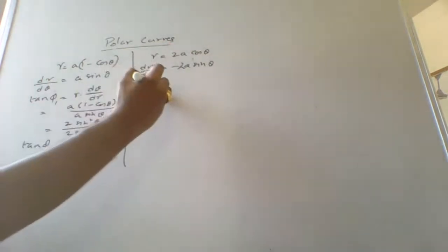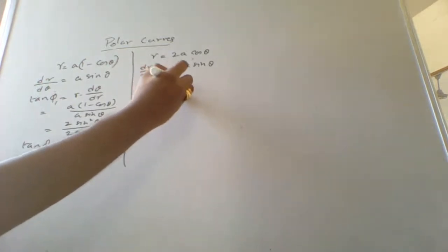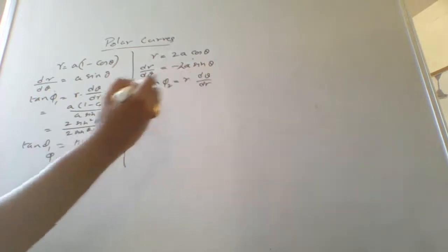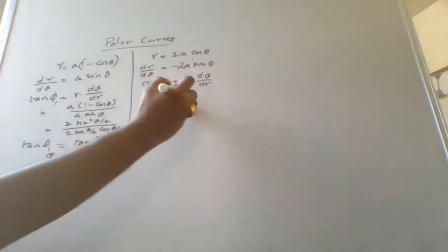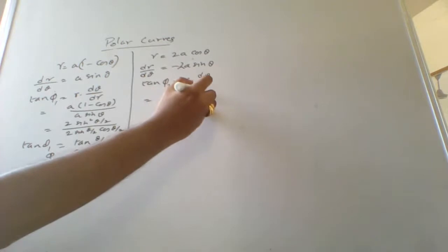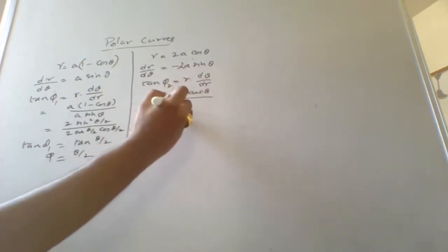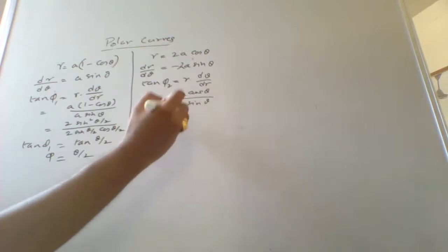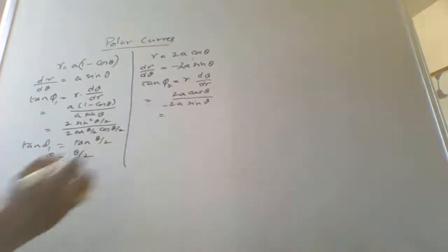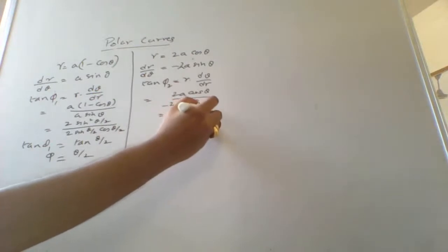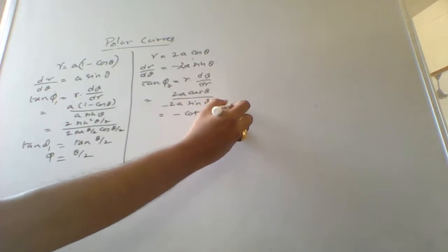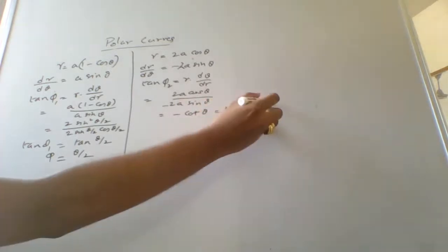Again, tan phi 2 is r times d theta by dr. So this would be 2a cos theta by minus 2a sine theta, so minus cot theta, which can be written as tan of pi by 2 plus theta.